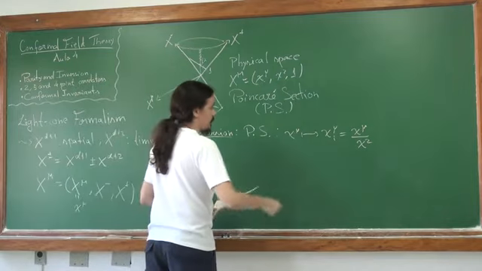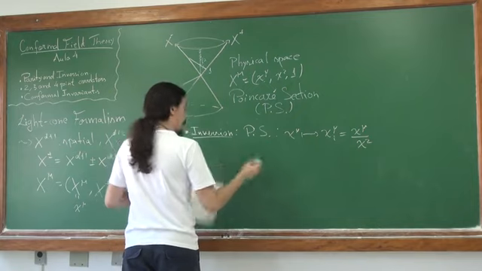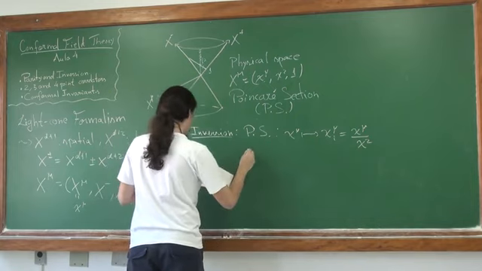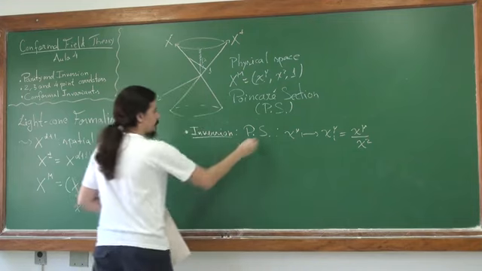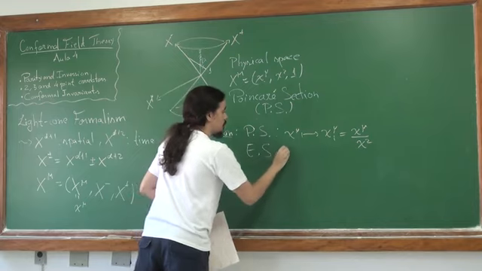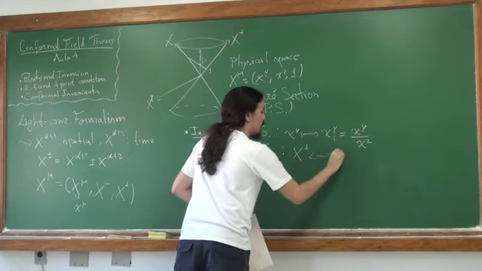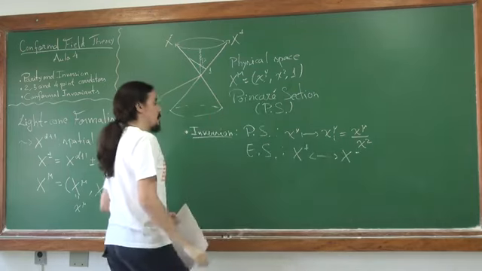I'm just going to give you the answer and show that it is actually true. The answer is that this can be achieved simply by exchanging, PS stands for physical space and ES for embedding space, x plus with x minus.